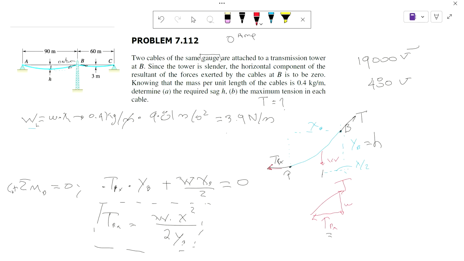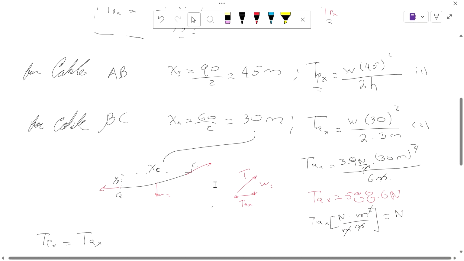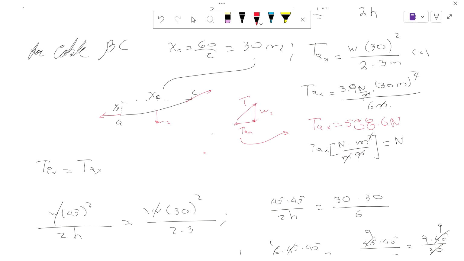This force right here. And in that case, what we need to do is compute this one right here. So W2 is equal to 3.92 newtons per meter times 30 meters.